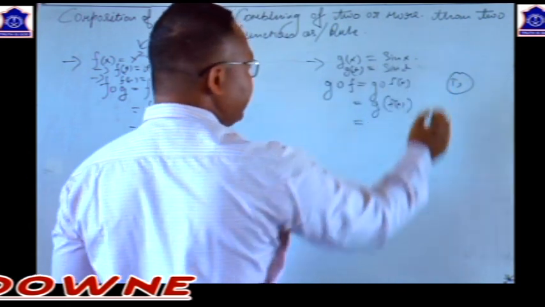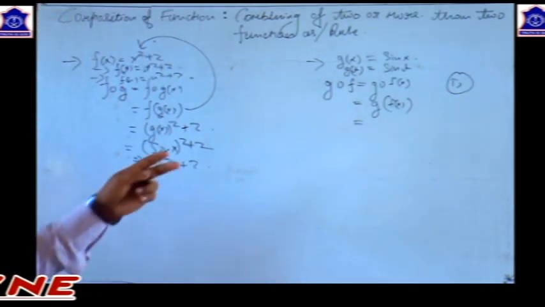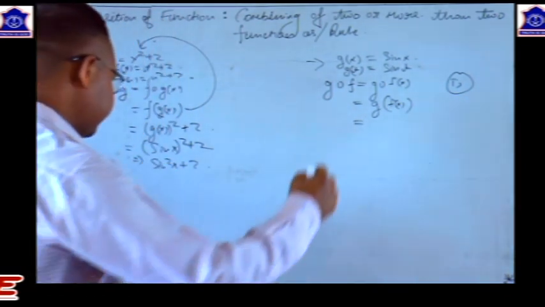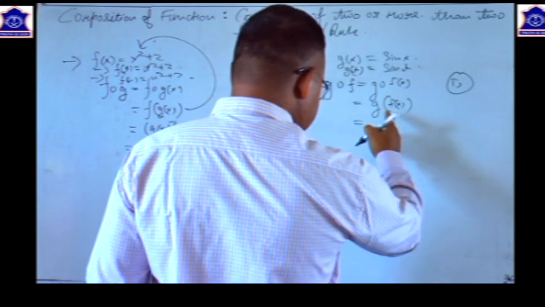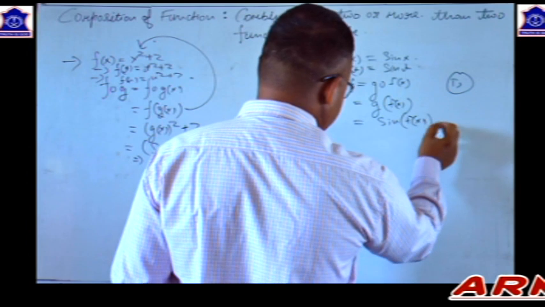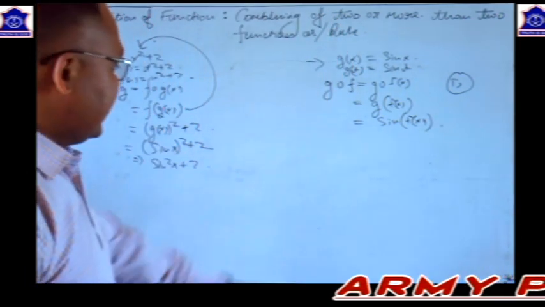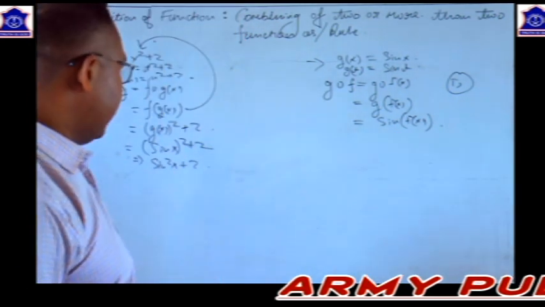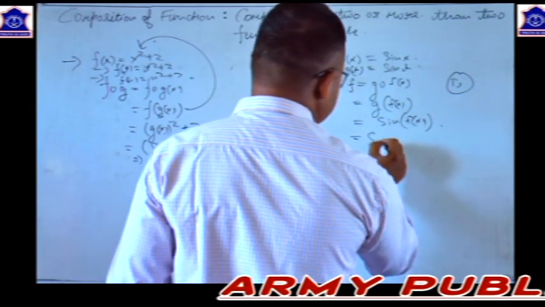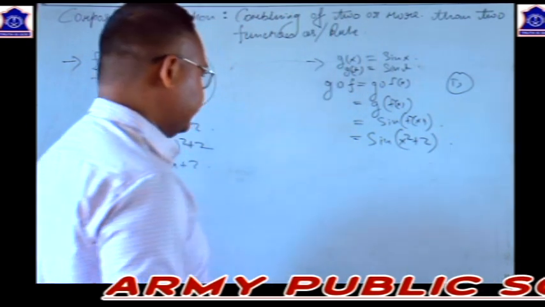This is only an example I am giving to you. Similarly g of f(x) है तो what you will get? You will get sin of f(x), and the f(x) is defined as x square plus 2. So here you get sin of x square plus 2.